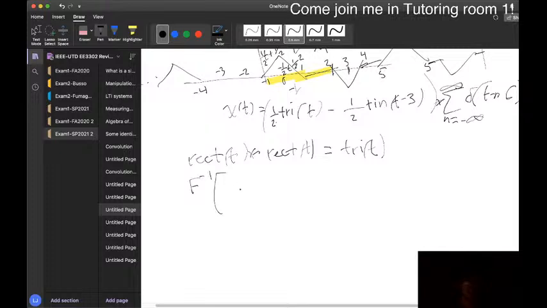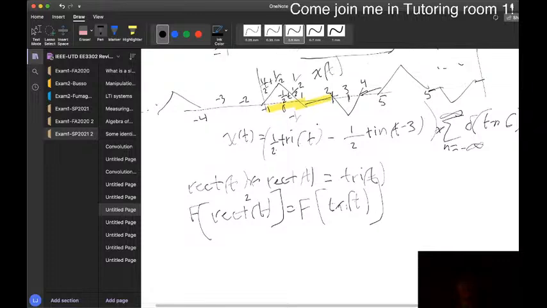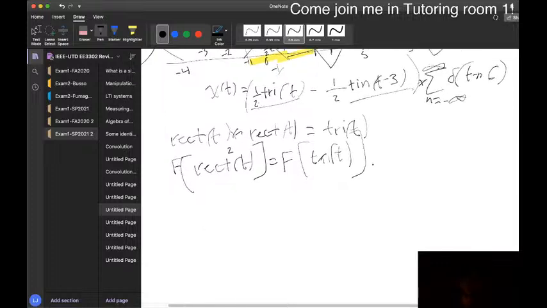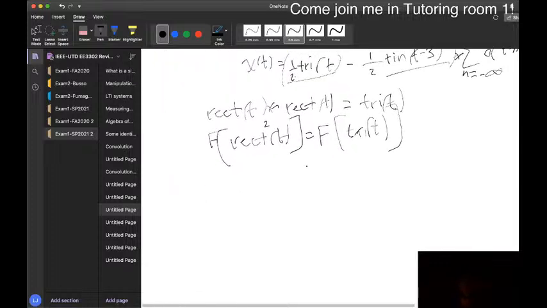So the Fourier transform of these two rectangle functions, the rectangle squared, say, is equal to the Fourier transform of the triangle. And since the Fourier transform of the triangle function is the one that we're looking for here, knowing this identity would be pretty useful.